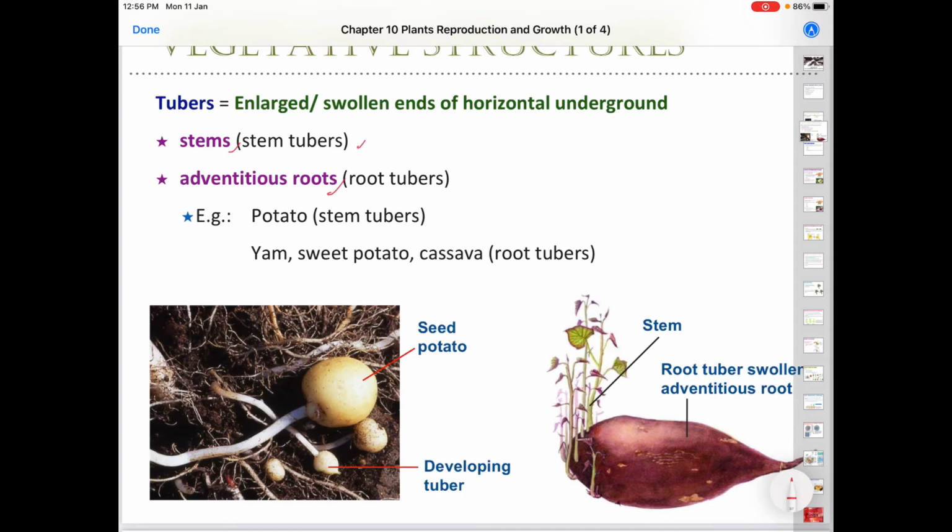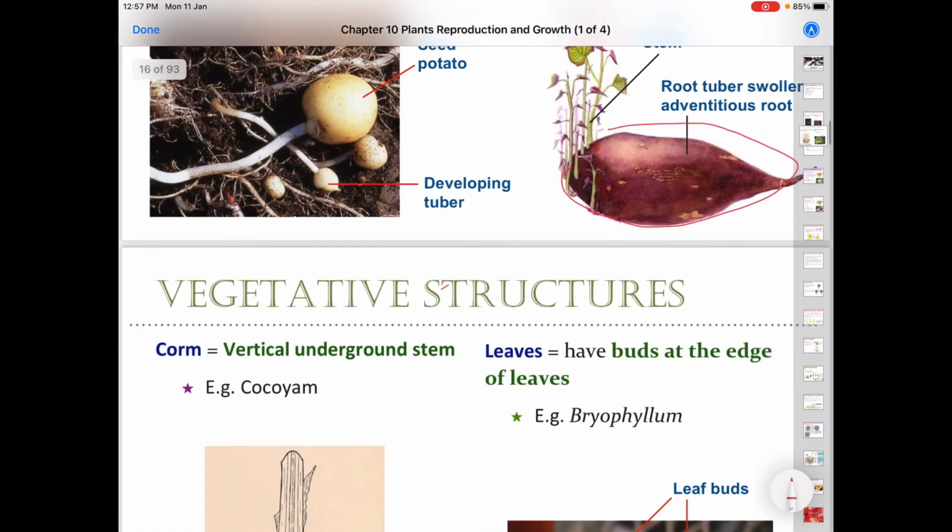If it is the swollen end of an adventitious root, we call them root tubers. Examples are potato, yam, sweet potato, and cassava. Some of them form stem tubers, some of them form root tubers.